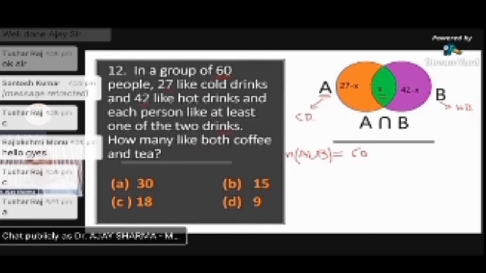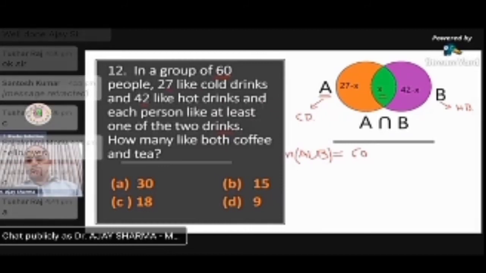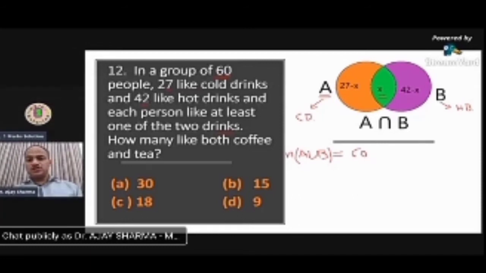So in that case, what will happen in this orange portion? This orange portion is about only those who prefer only cold drink. So this will be 27 minus x. And similarly here, the persons who prefer only hot drinks will be 42 minus x.